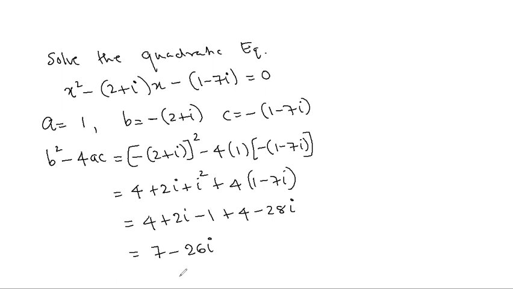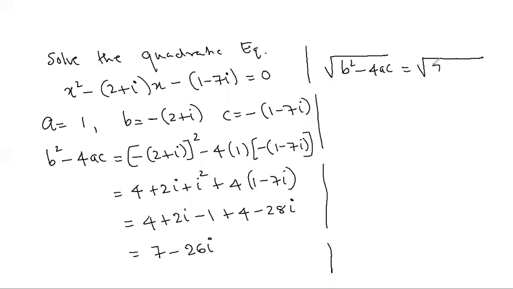Understood that? Yes, sir. Now, the square root of b square minus 4ac has to be calculated. That means you need to calculate root of 7 minus 26i. Whenever I want to calculate the root of a complex number, first I have to calculate the modulus: 7 square plus minus 26 square.